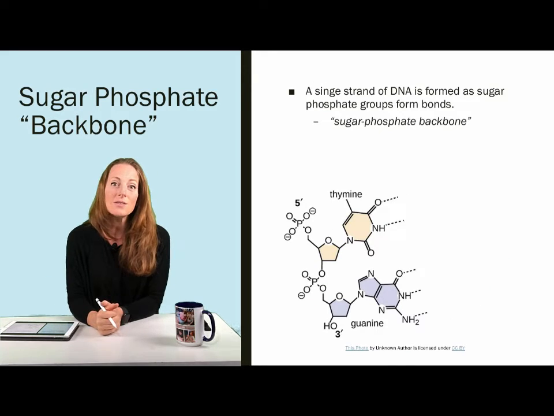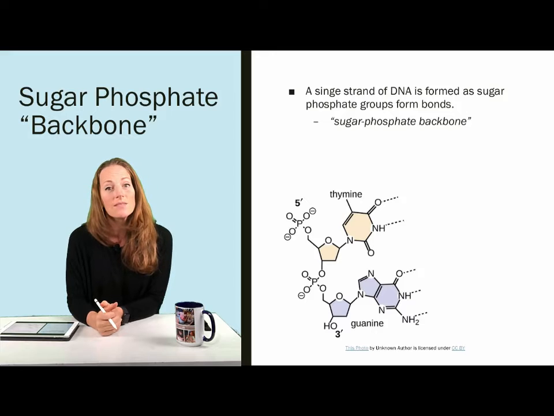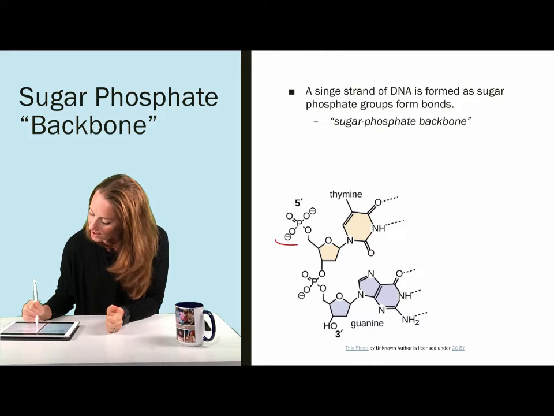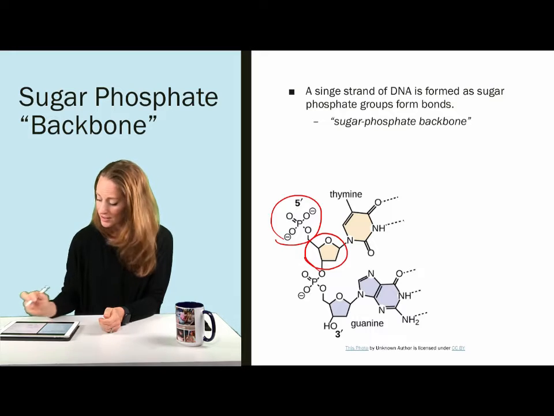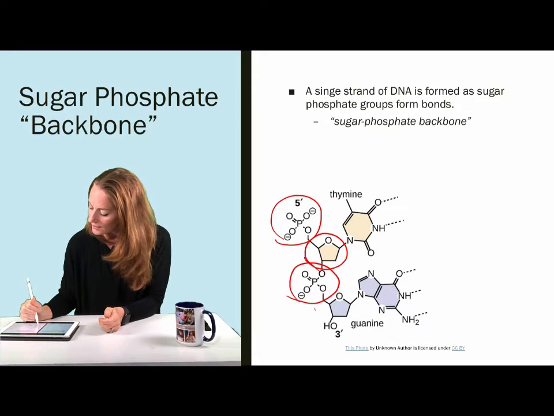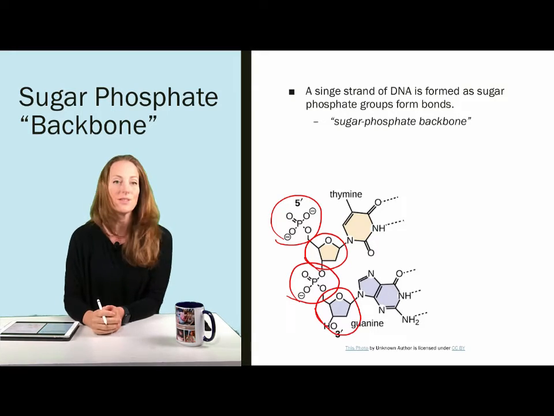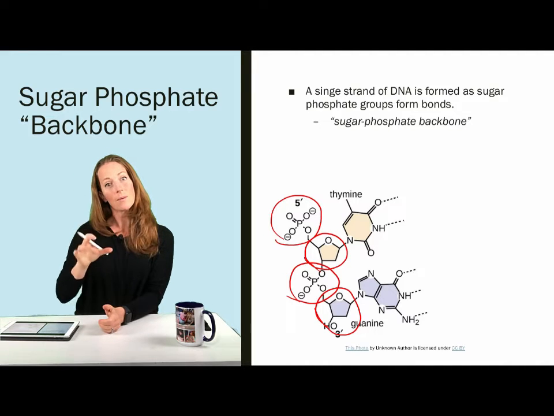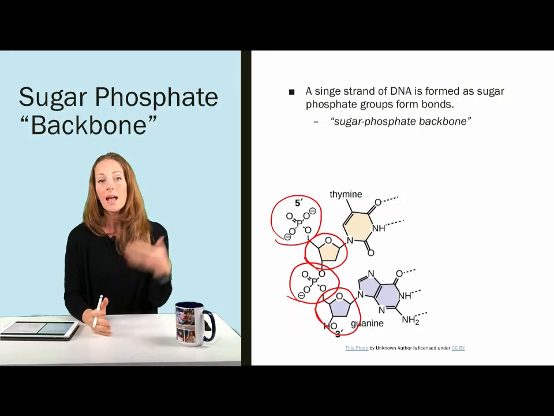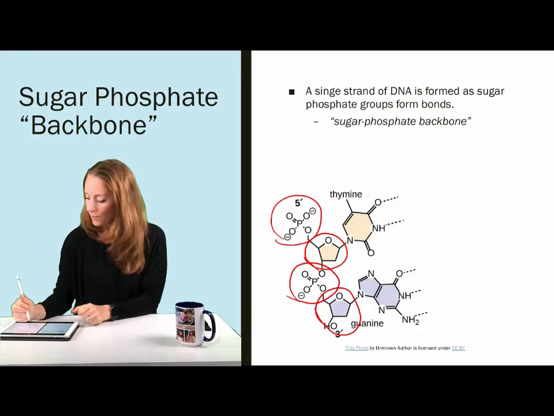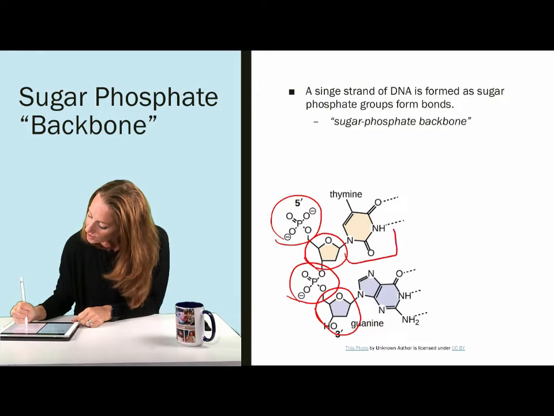So a single strand of DNA is formed first with a sugar phosphate backbone, and that is the phosphates and the deoxyribose sugars line up on the outside of the DNA strand, forming a backbone of sugar phosphate groups bonded together. And then pointing inward, we have the nitrogenous bases.